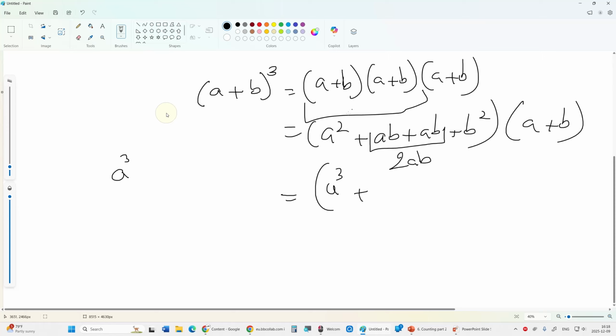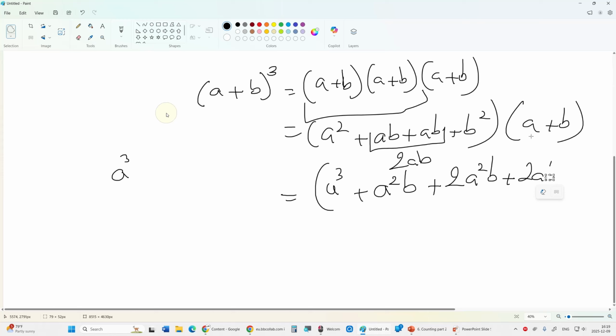Now, a square times a, that's a cube. A square times b, that's a square b. Plus now 2ab times a, that means it's 2a square b, and then 2ab times b, that means 2ab square.